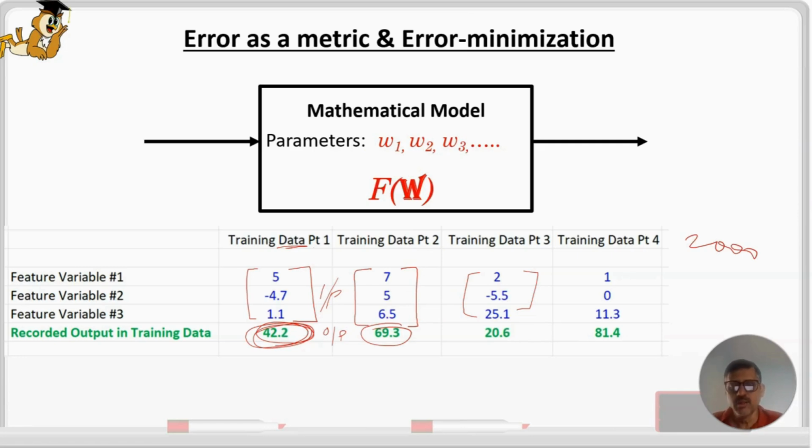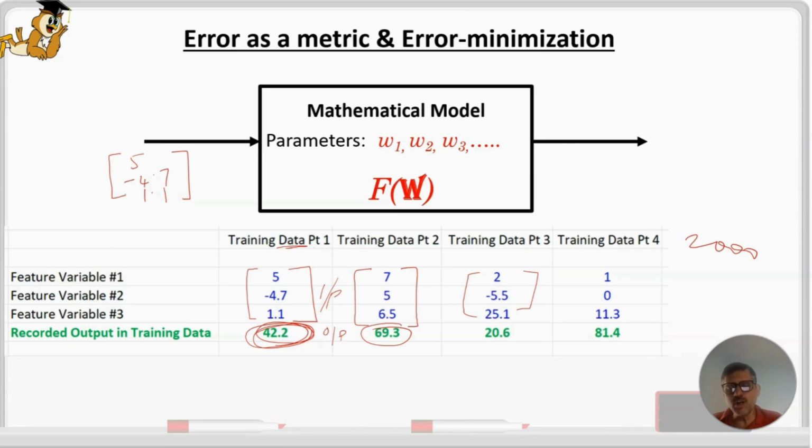Now suppose you had constructed a mathematical model and you had selected certain values of W1, W2, W3 and so on, and you gave it the first training data as an input. So you passed 5, minus 4.7 and 1.1 as input to this mathematical model.